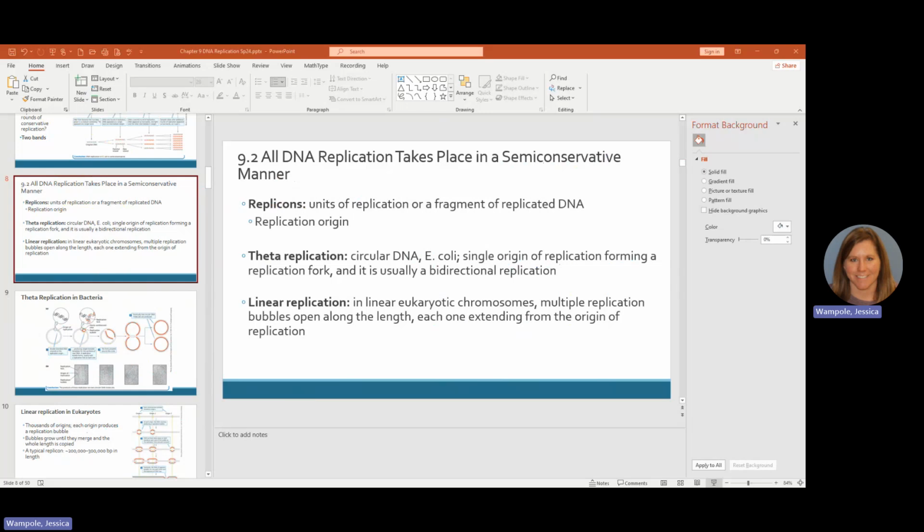So here, B and C are lagging strand regions. So these two strands are made just a little bit differently. Leading strand is going to be made continuous. Lagging is going to be made in these small little fragments. And then those little fragments are going to be connected together.